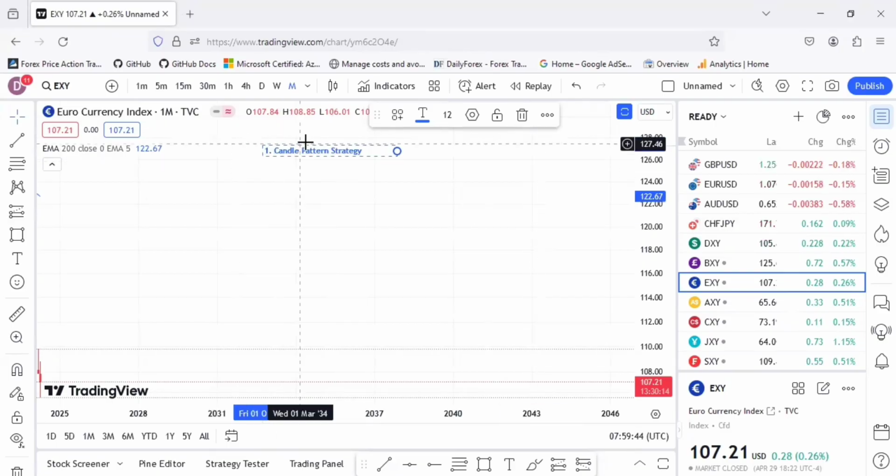So we're going to look at three of them. The first one is candle pattern strategy. The second one is chart pattern strategy.